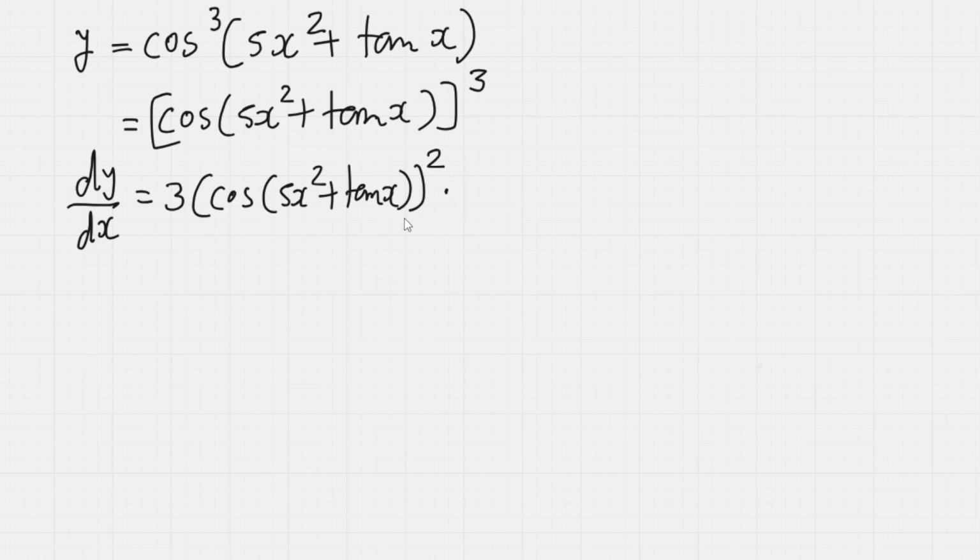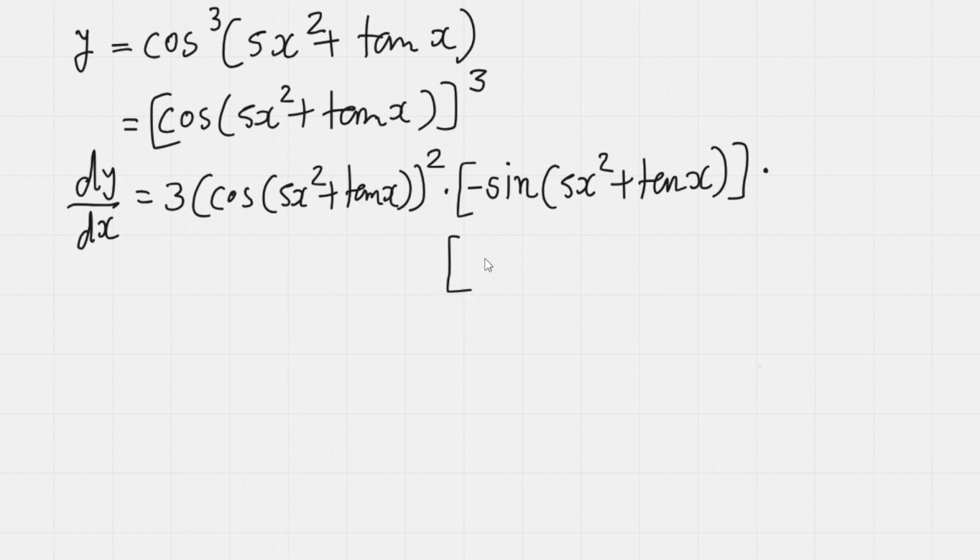In the multiplication we will write the derivative of cosine. Its derivative would be minus sine. So minus sin(5x² + tan x). And once again in the multiplication we will write the derivative of this 5x² + tan x.